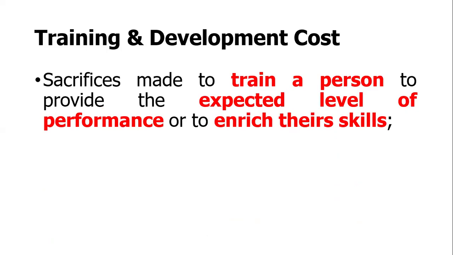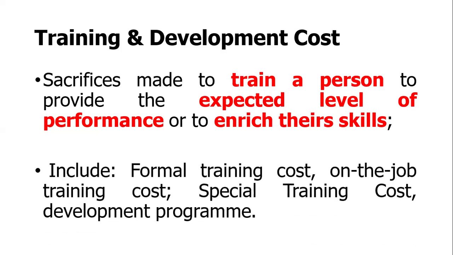So there are sacrifices made to train a person to provide the expected level of performance or to enrich their skills. And of course, this category includes the following: formal training cost, on-the-job training cost, special training cost, development programs, amongst others. Anything that revolves around helping the employees to hone their skills so that they can perform better, be more productive, be more efficient, falls in the category of training and development costs.